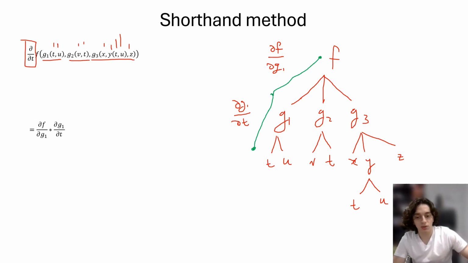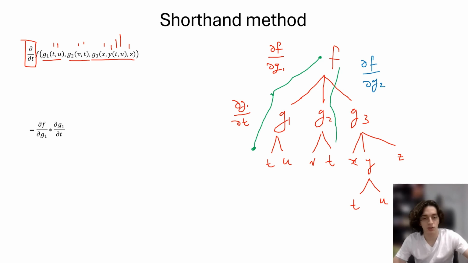And what's the next step going to be? It's going to be basically exhaustively finding all of these paths to t, and then adding them up. And because addition is commutative, you can do these in whatever order you like. There is no necessary order. So next one we would do from f to g2 to t. From here you'd get ∂f/∂g2, which is going to be the first term of this product.